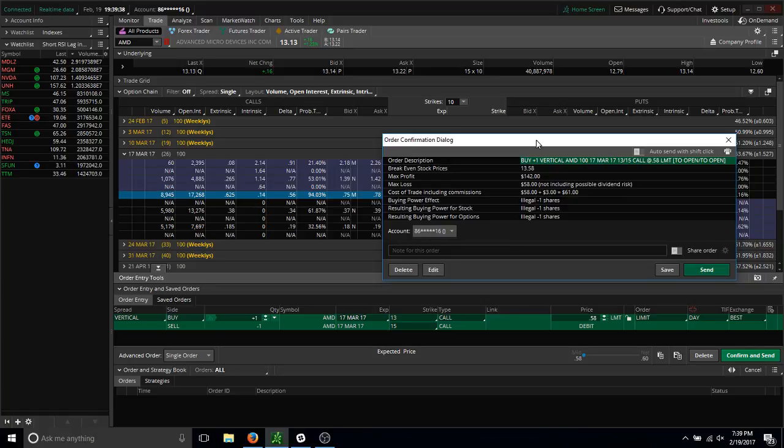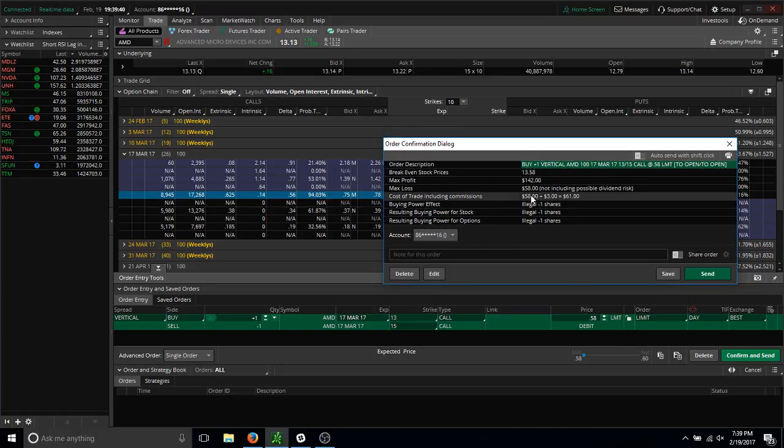It's a $2 wide spread, so my max profit and max loss combined is $200. Out of that $200, 142 I can profit, and 58 is my max loss. And that 58 is this price right here.